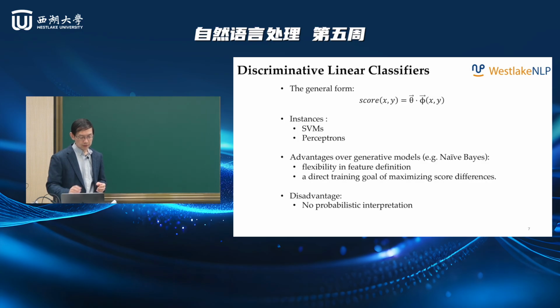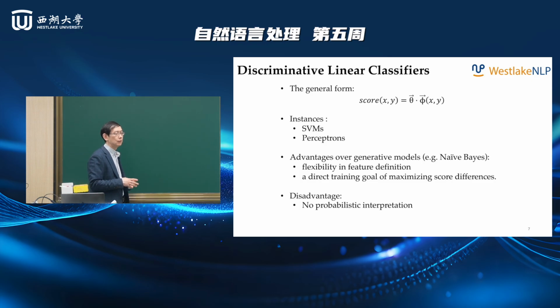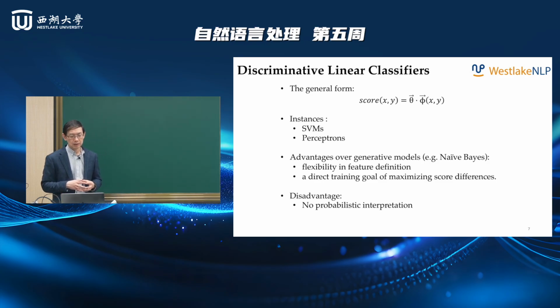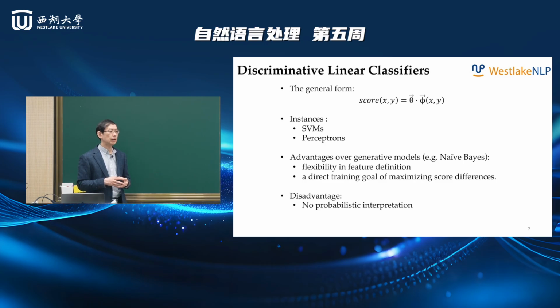For these linear models, we are all calculating the score using theta dot phi. For multi-class classification, we learned that we need to extract features over x and y. So phi(x, y) dot theta is the score, and we find the y that has the highest score as the output.